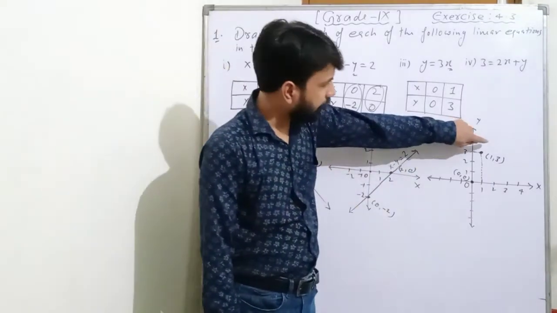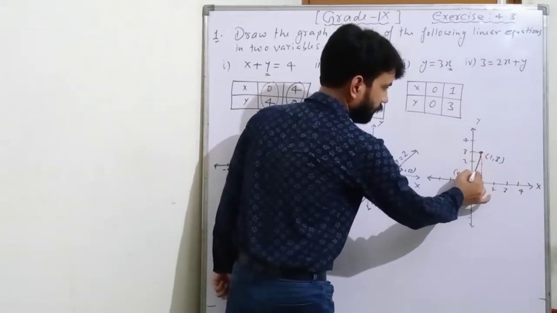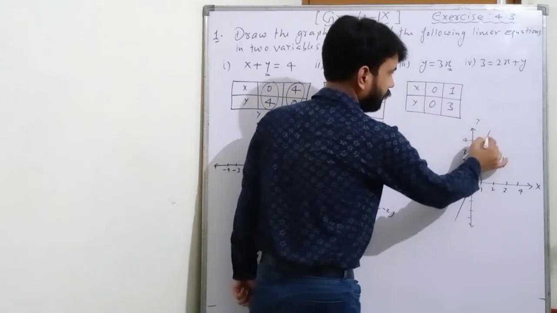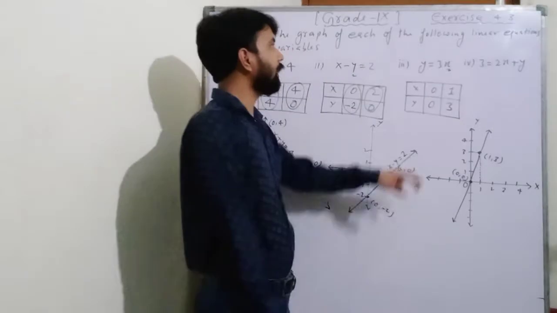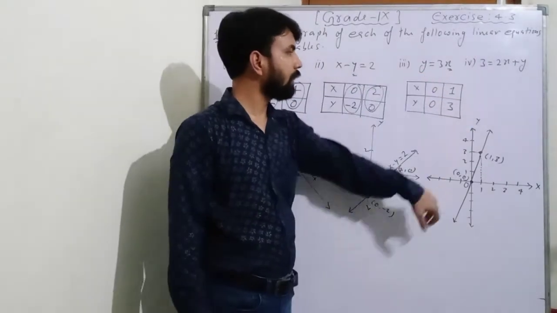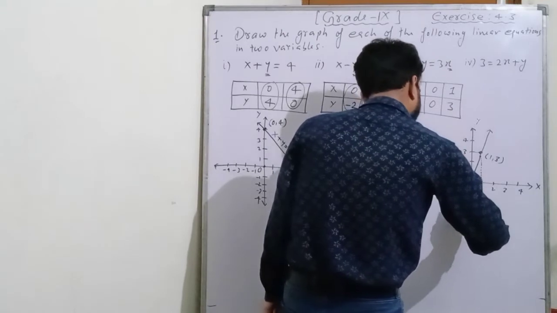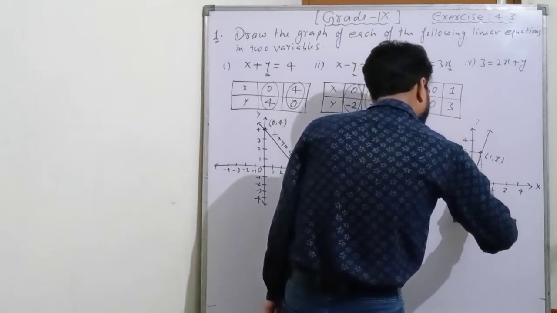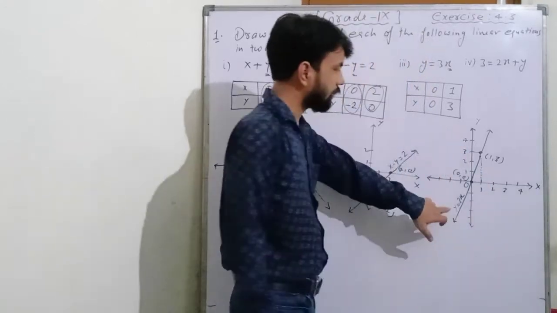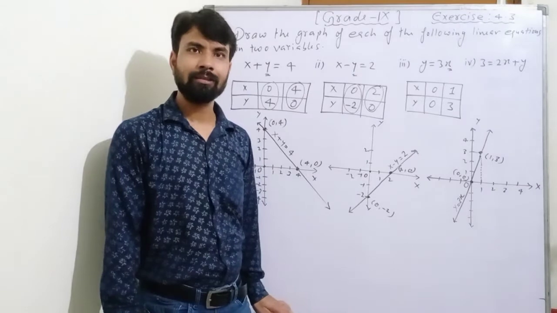Now we will join these 2 points with the help of a scale, like this. And we will write the linear equation on this line, y equal to 3x. This is the graph of y equal to 3x. Hope it is clear? Good.